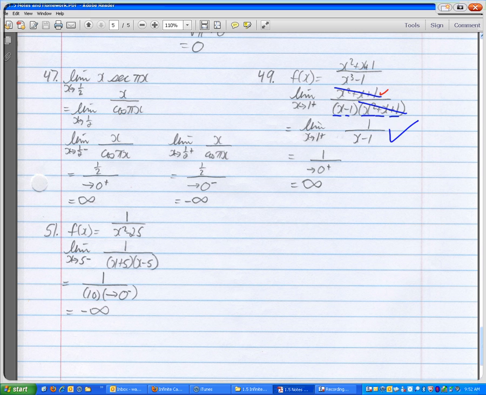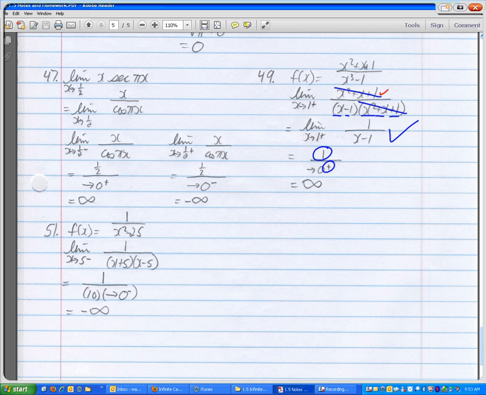All right, once we get here, we're in pretty good shape, right? So we've got a constant. In fact, it's a positive constant. And then in the denominator, as x approaches 1 from the right, a number bigger than 1 minus 1 will be positive. It'll keep getting closer to 0, but it will be positive, won't it? So a positive constant divided by something approaching 0 is going to be infinity.